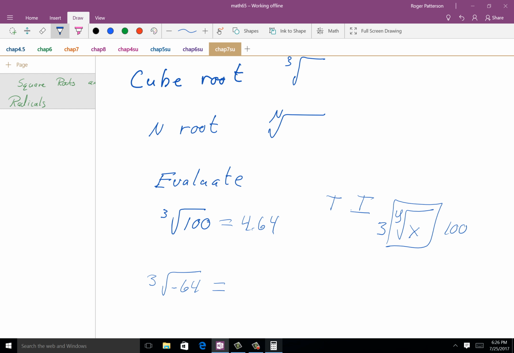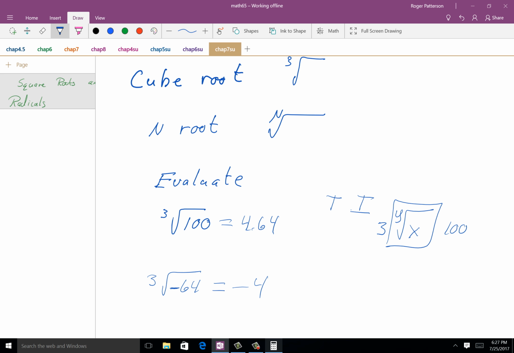Because negative 4 times negative 4 times negative 4 is negative 64. So you can take the cube root of a negative number, but not the square root. So cube roots, yes. Square roots, no. Right.